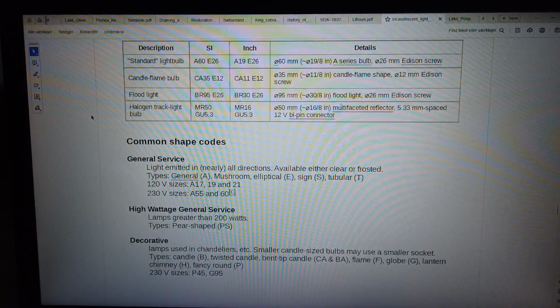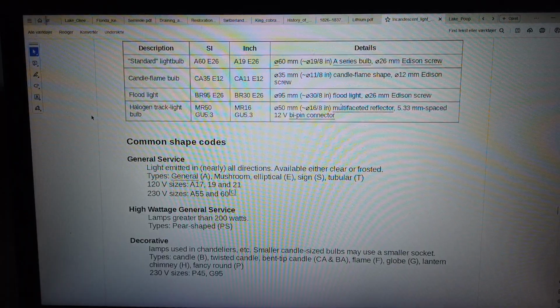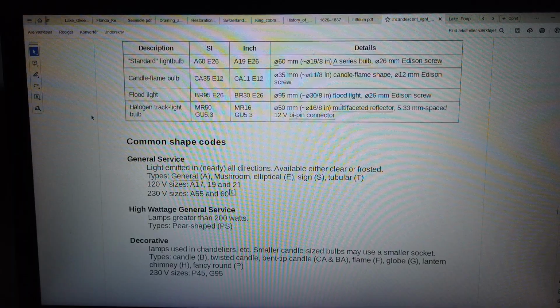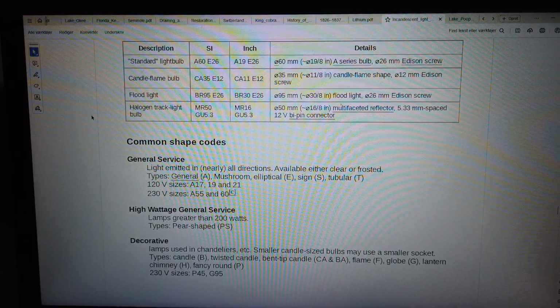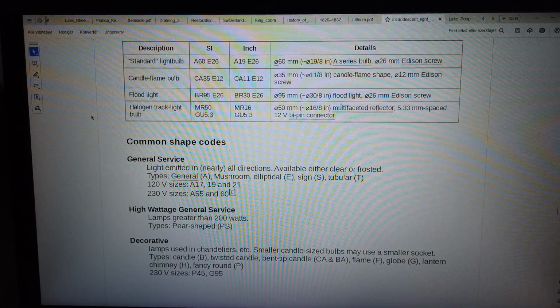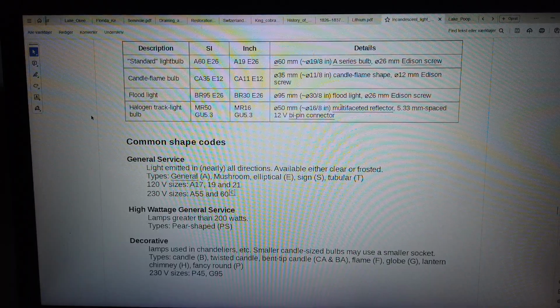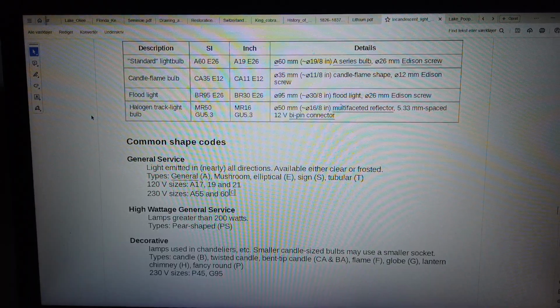Types: pear-shaped, PS. Decorative lamps used in chandeliers, etc. Smaller candle-sized bulbs may use a smaller socket. Types: candle, B, twisted candle, bent-tip candle, CA and BA, flame, F, globe, G, lantern chimney, H, fancy round, P. 230V sizes: 45P, G95.